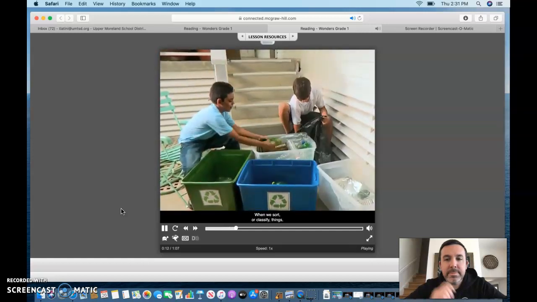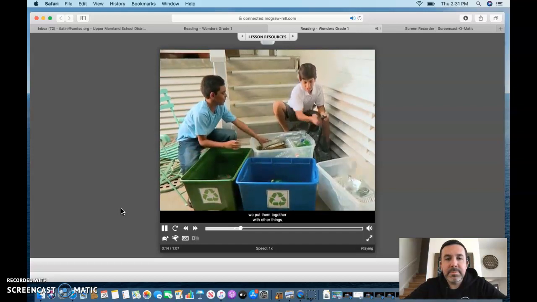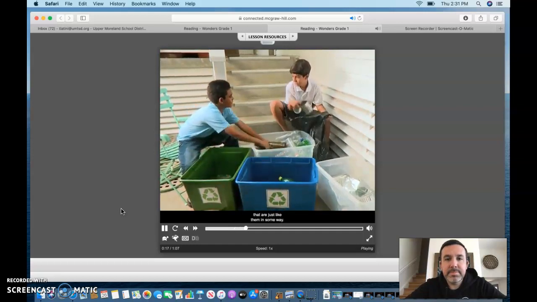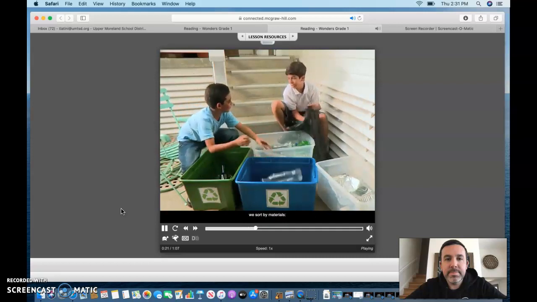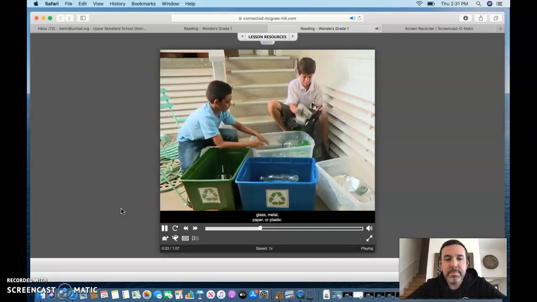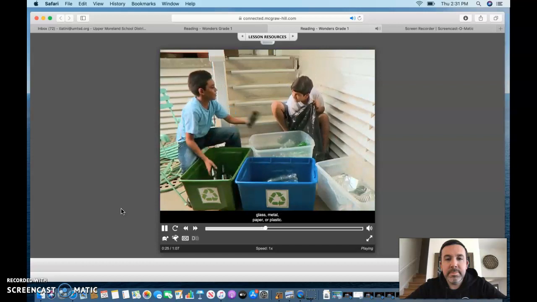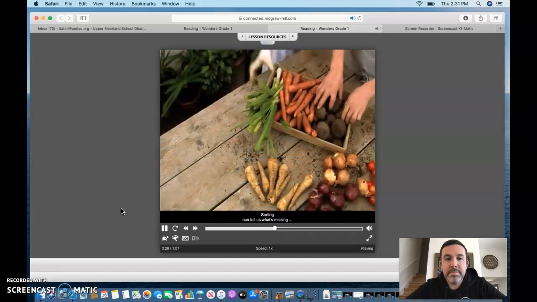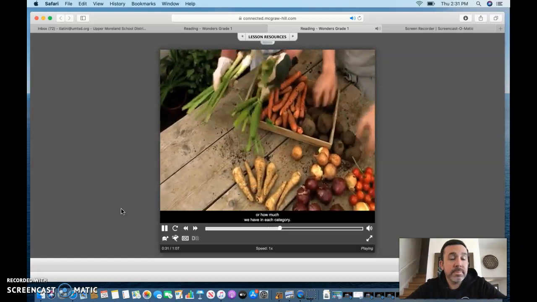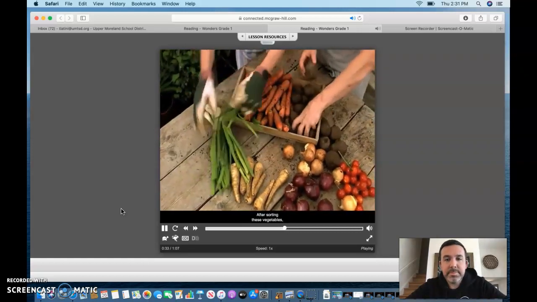When we sort or classify things, we put them together with other things that are just like them in some way. For example, when we recycle, we sort by materials: glass, metal, paper, or plastic. Sorting can tell us what's missing, or how much we have in each category.